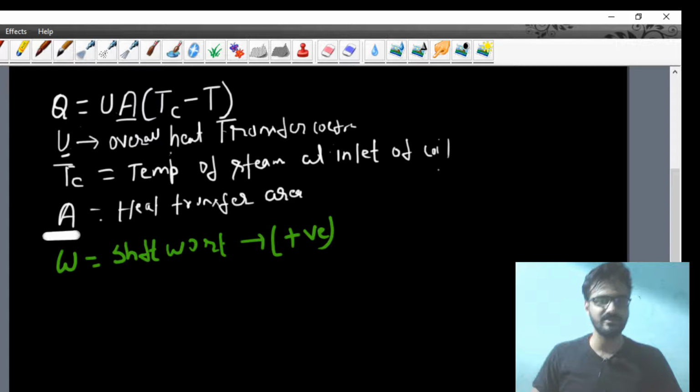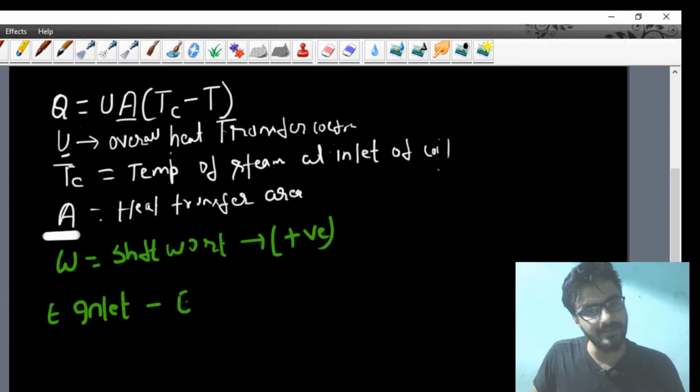Now, what we are doing here: generally there is energy in minus energy out plus energy generation or consumption, plus W shaft, that is equal to 0.